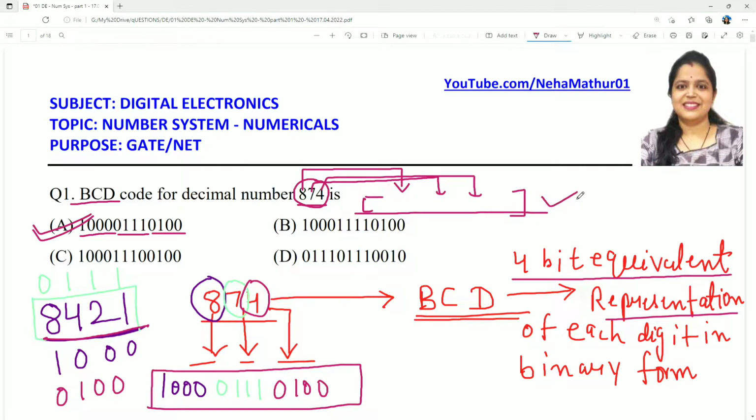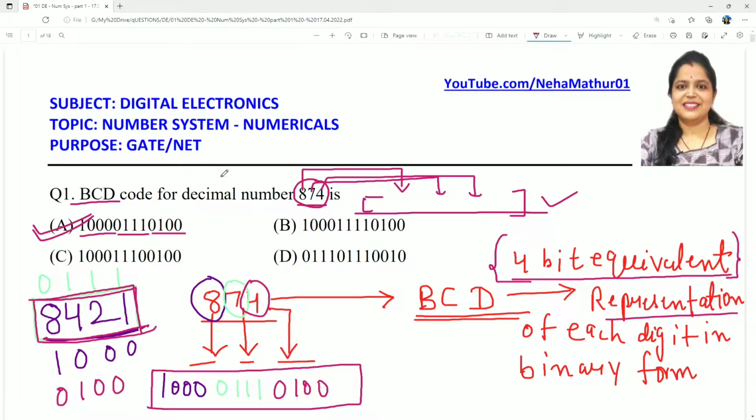This is the simple method to find the BCD representation for any given number, and that number may be of 1 digit, 2 digits, 3 digits, 4 digits, or any kind. Just remember, for the calculation of the 4-bit equivalent representation, the simple funda is 8421.